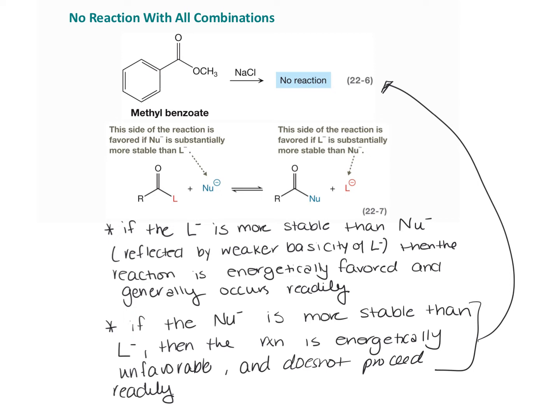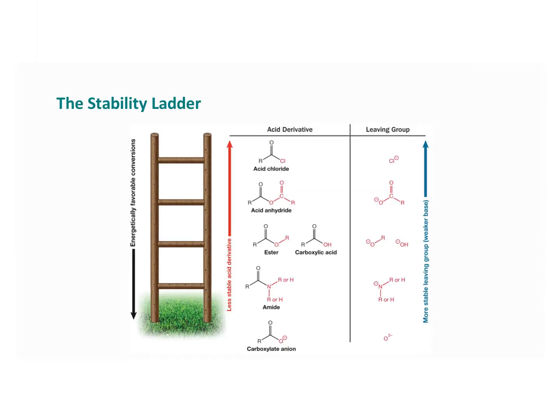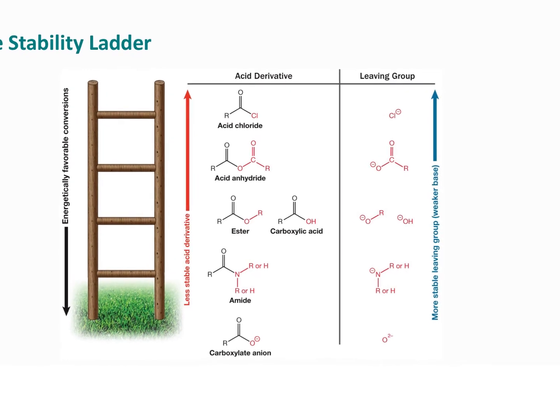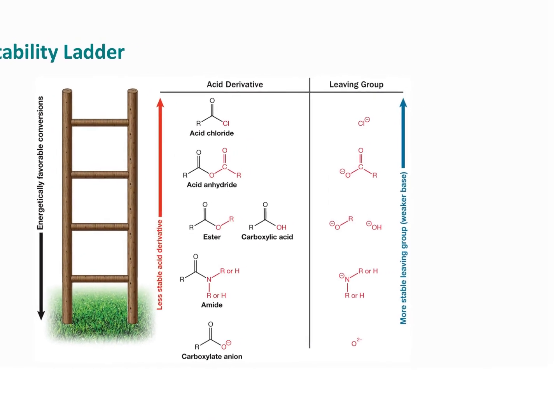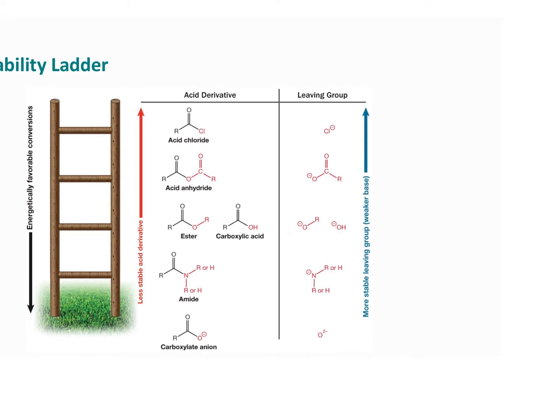Now, is there a way for us to predict this? And the answer is yes. We use a stability ladder. This stability ladder is incredibly helpful. And so basically, when we look at this, think about a ladder.